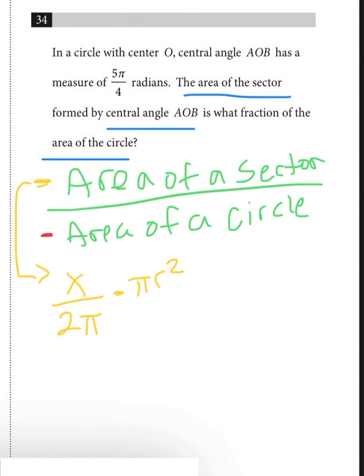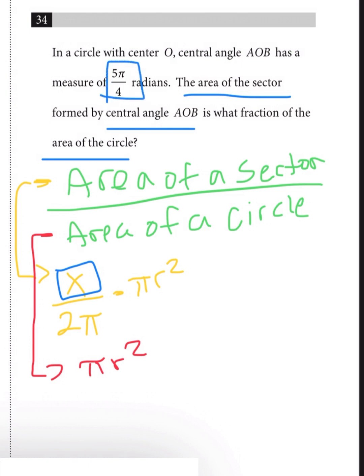And then the area of the circle is just pi r squared. And a lot of you are going to wonder, what is x? Well, x is the 5 pi over 4 radians.